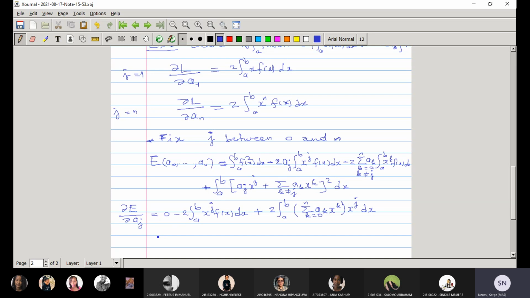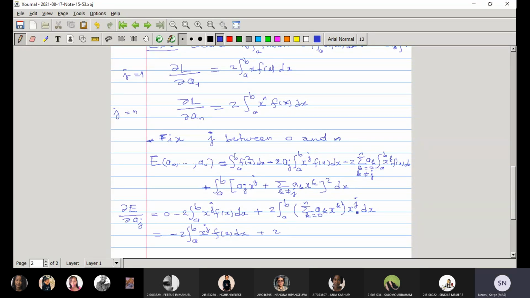So this will be equal to -2 integral from a to b x to the j f of x dx plus 2.